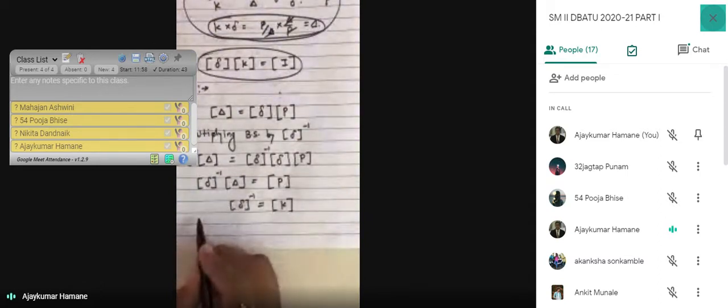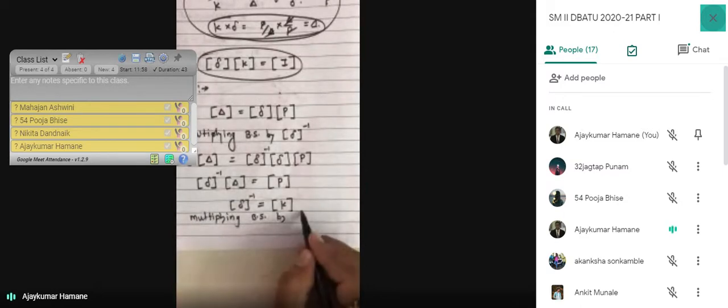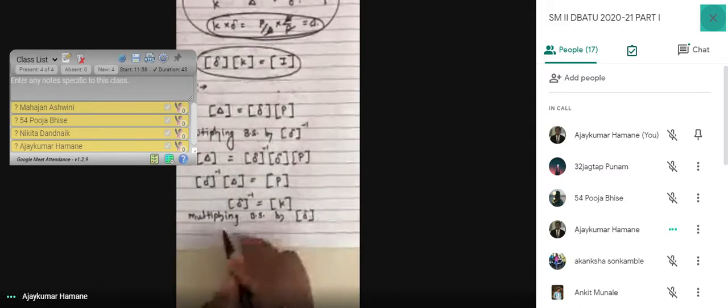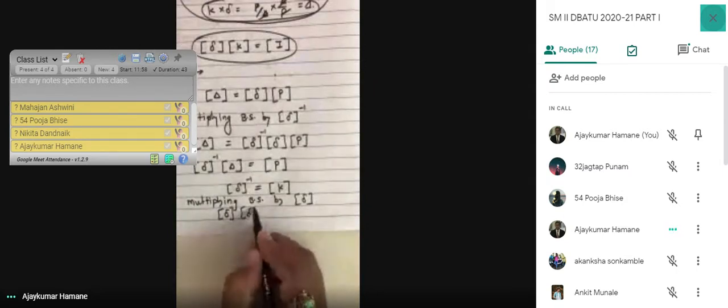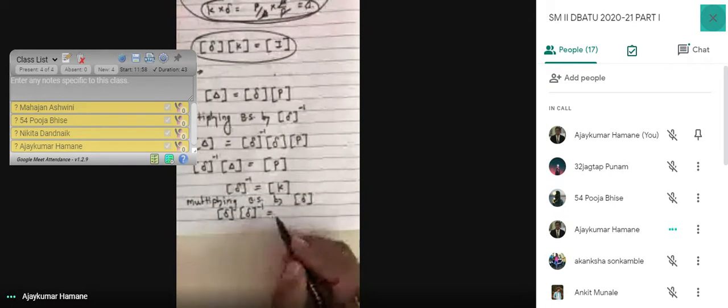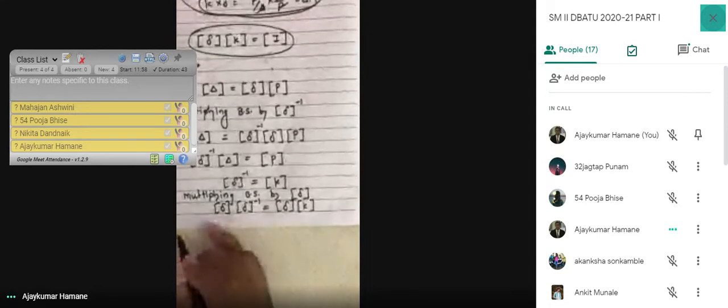Correct. So what we'll do, for this equation we will multiply both the sides by the flexibility matrix delta. So delta inverse equals to delta and the stiffness matrix. So this becomes what?